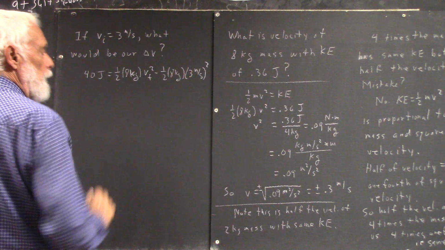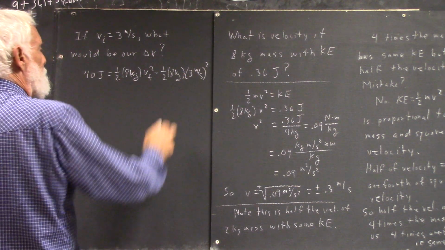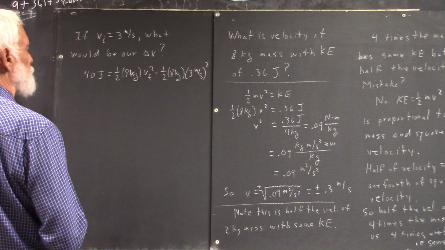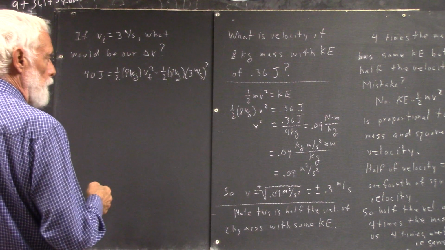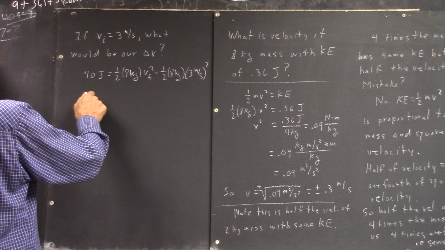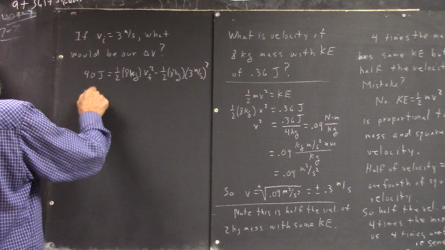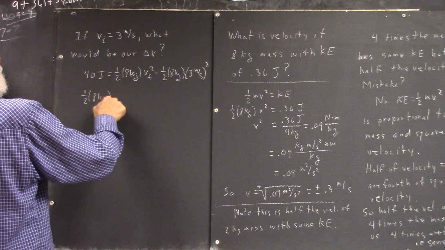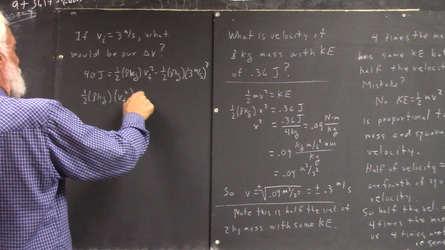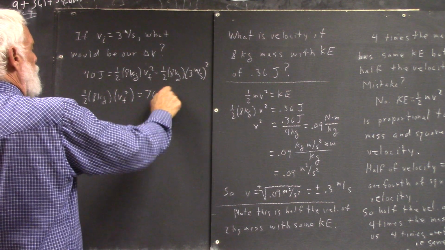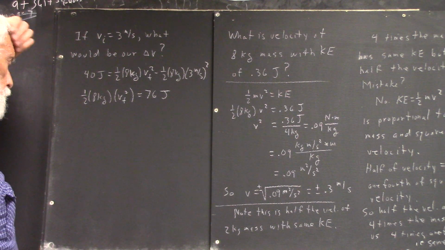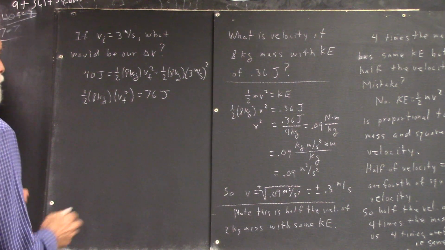And of course, when we square that, we get 9 meters squared per second squared. Multiply that by half of 8 kilograms, we get 36 joules. So we're going to end up with 76 joules. Okay, well, that's different than the 44 joules we had before, but that's not surprising since we have a different number here.